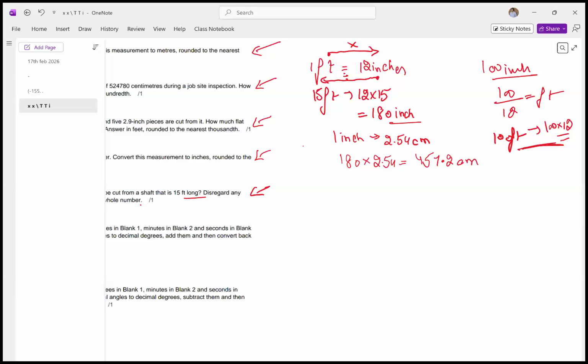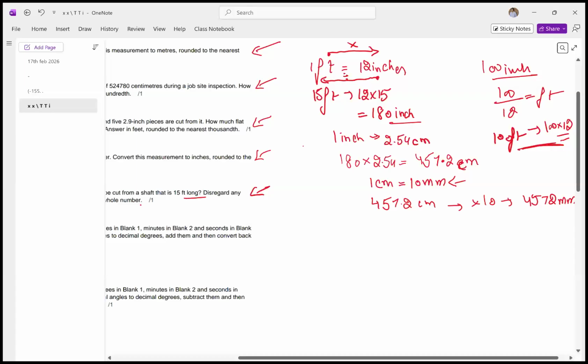Once I convert it, I'll use the final unit: 1 centimeter equals 10 millimeters. This is not given on your formula booklet, so you can note it down there also. So I multiply 457.2 centimeters by 10, which gives the final answer, 4572 millimeters.